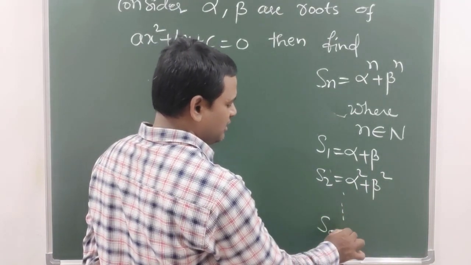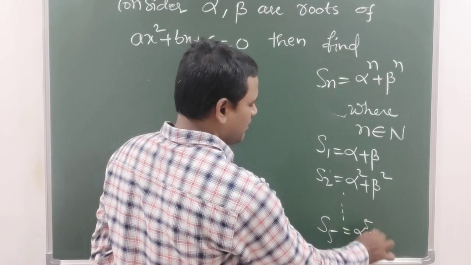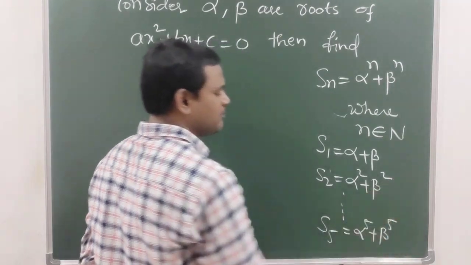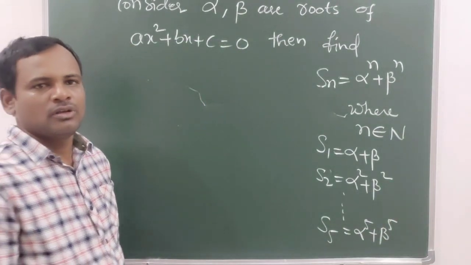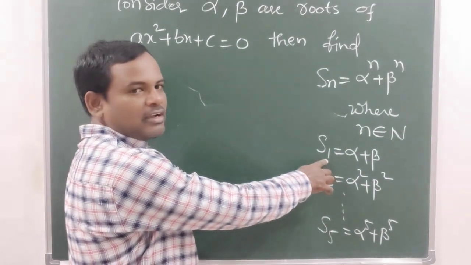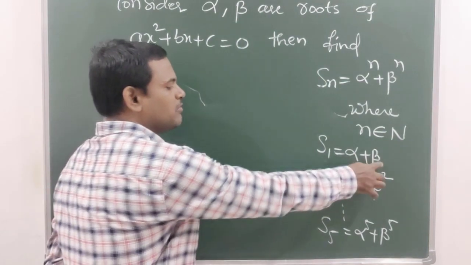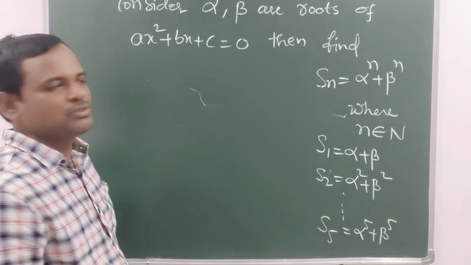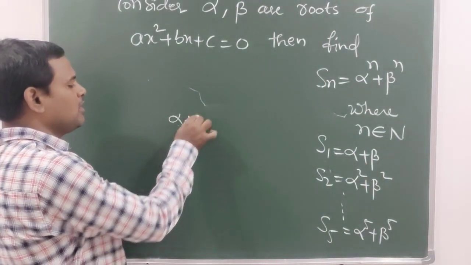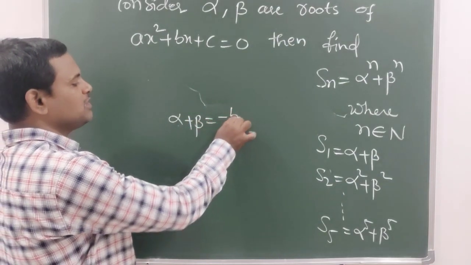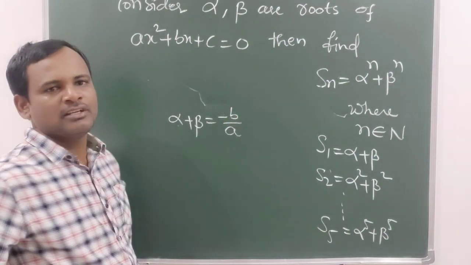So S5 is equal to alpha power 5 plus beta power 5. When n equal to 1, we get alpha plus beta, and you know how to find the sum of these roots. Alpha plus beta is equal to minus b by a.